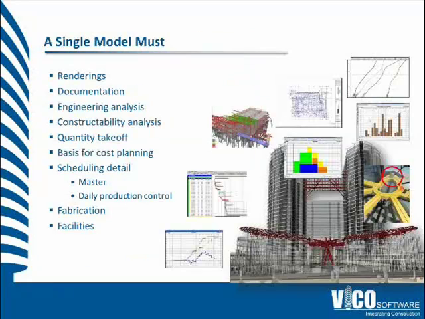So if we looked at a single model, if we looked at one model that is trying to produce all of what we can see here, so everything from 2D documentation to the quantities required to understand the resource demand, to create cash flow, to create our 4D simulation, not to forget our constructability analysis as well, and there are many others.